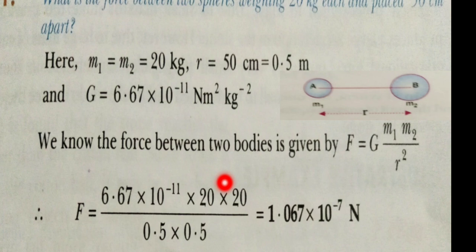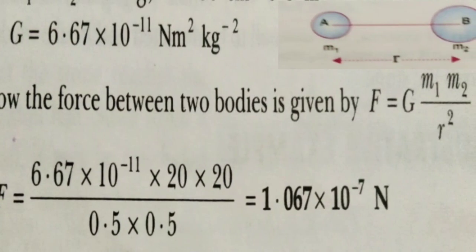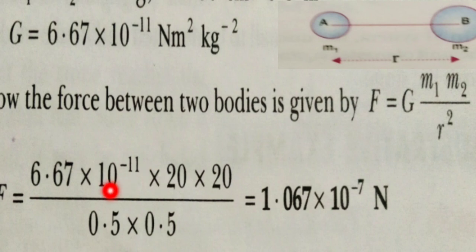Don't try to solve it all together. First of all, can you see here that it is written 0.5 and here also 0.5 is there. So we can't divide the decimals, no.